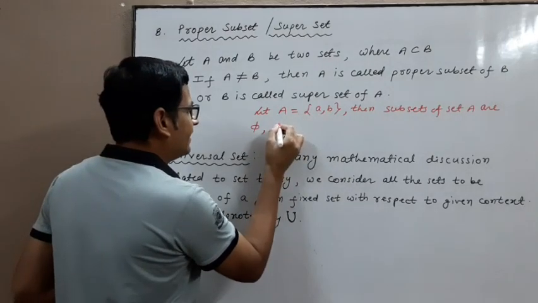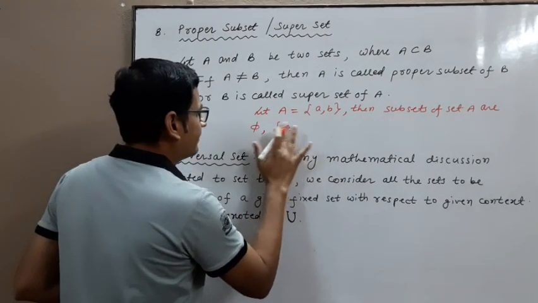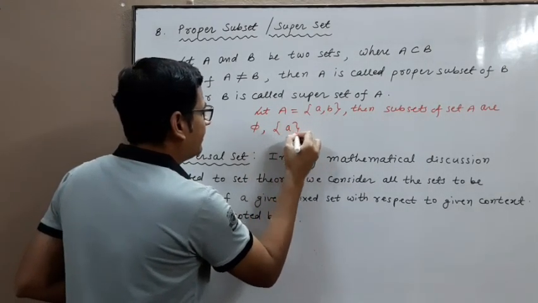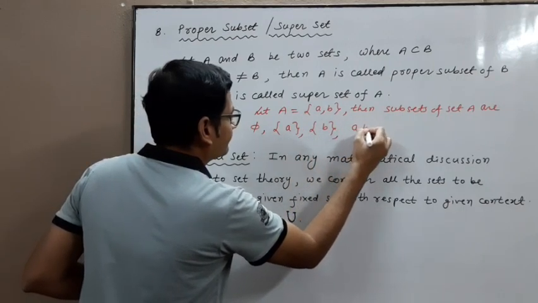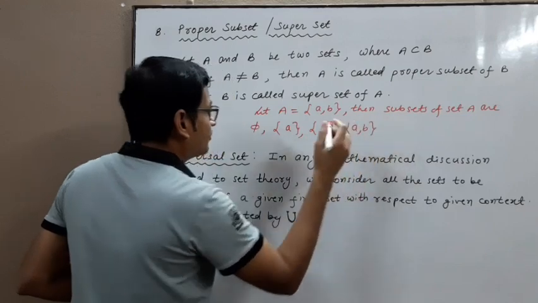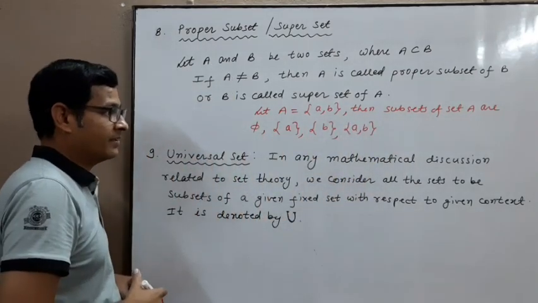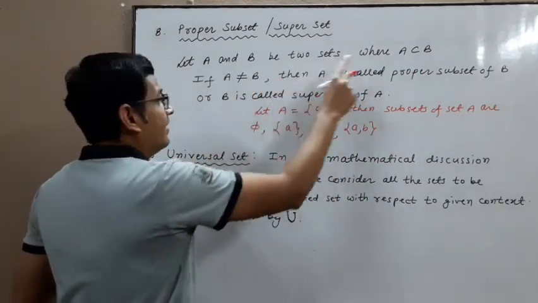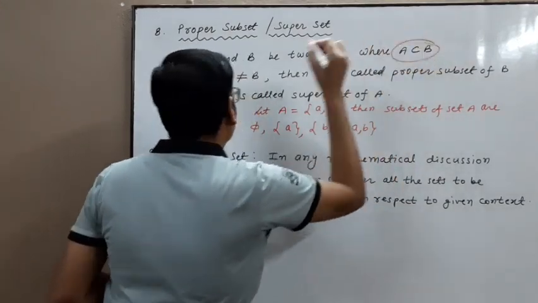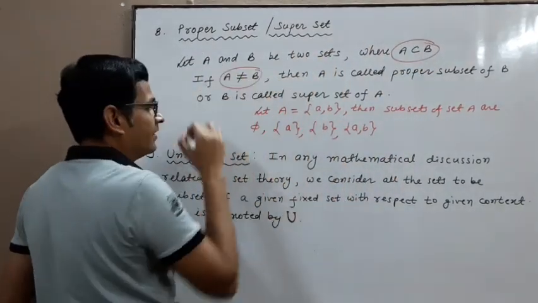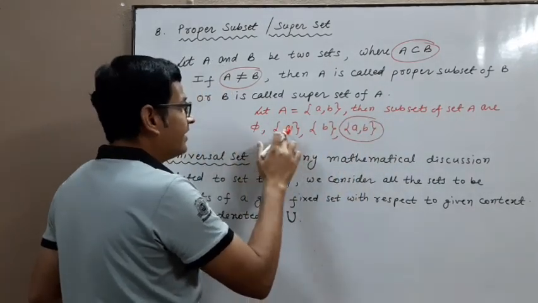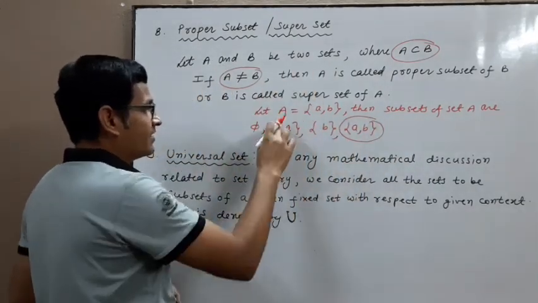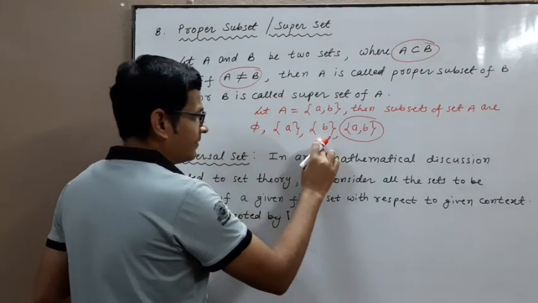Now take single elements {a}, {b}, and {a, b}. So there are 4 subsets. By definition, A is a subset of B and A not equal to B. So except this last set, every set is a subset of set A. So all are proper subsets.